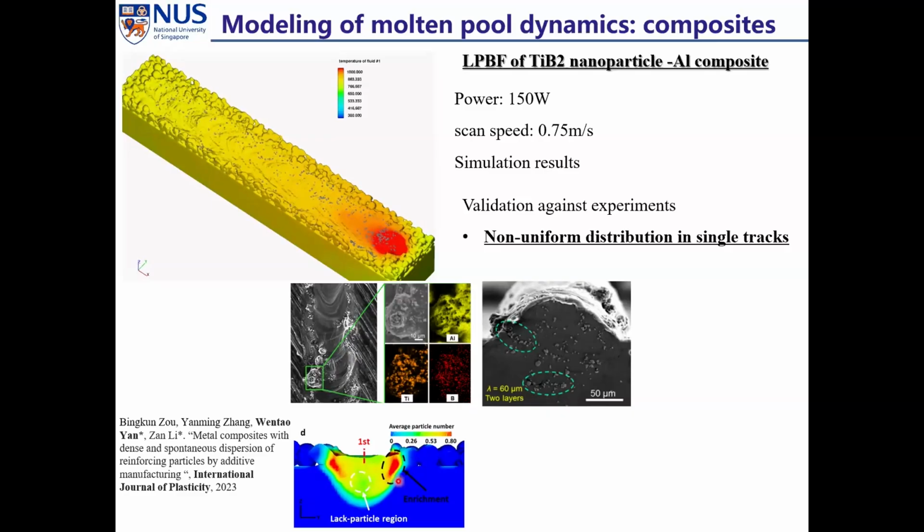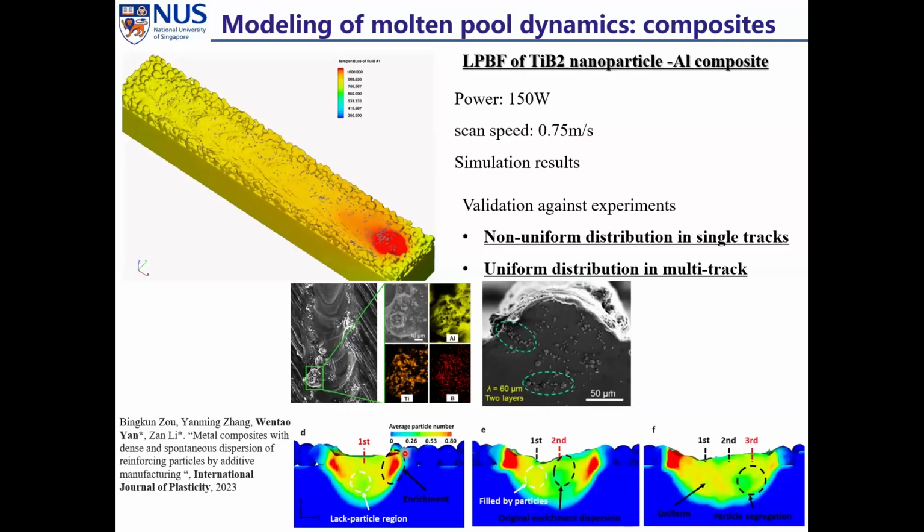So here, after we understand the mechanism, we can easily solve it. We just make sure this one is the center of the second track. So this will be the edge of the second track. So these two regions will be automatically averaged. So we do the simulation here, and you see it becomes more uniform here. And then we just scan the third track centered here, and then this will be the center, this will be the edge, then they will be averaged again.